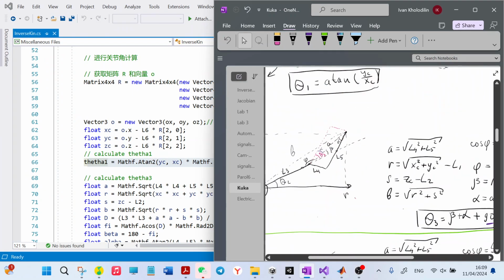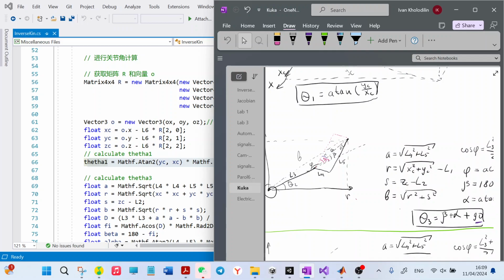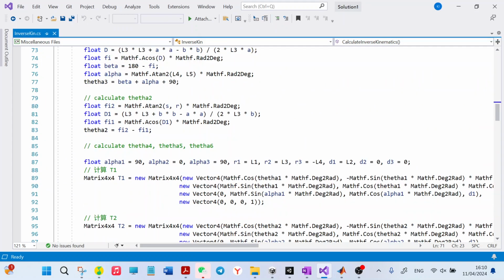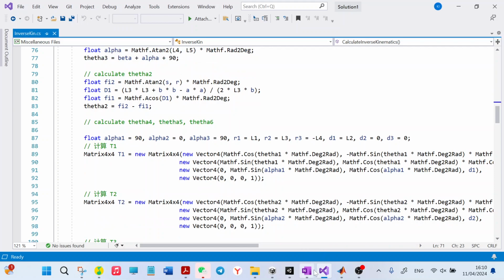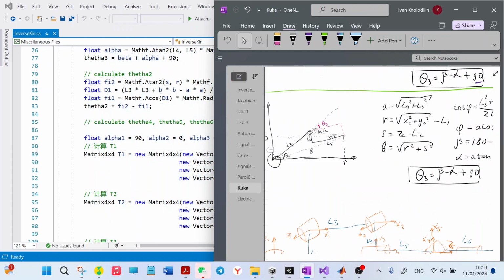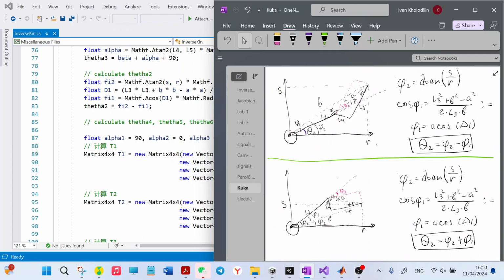Next, we calculate theta 3. We have similar formulas here for theta 3. Also for theta 2 we have similar formulas. So for theta 3, again we can see that beta plus alpha plus 90. Theta 3, and theta 2, phi 2 minus phi 1, same formulas.